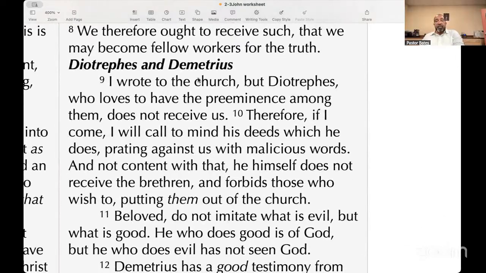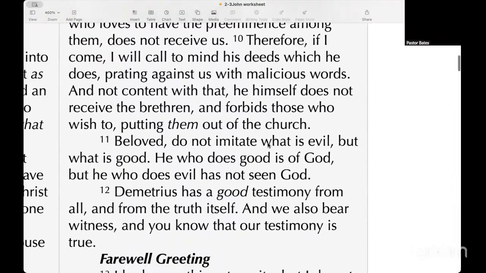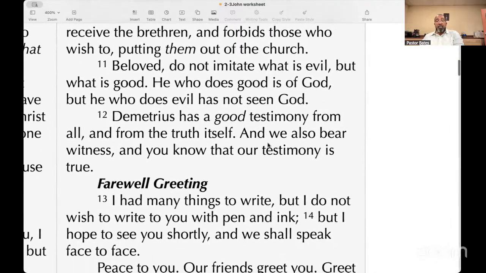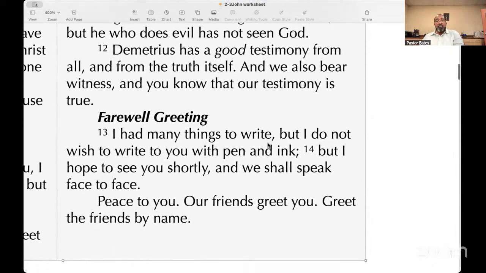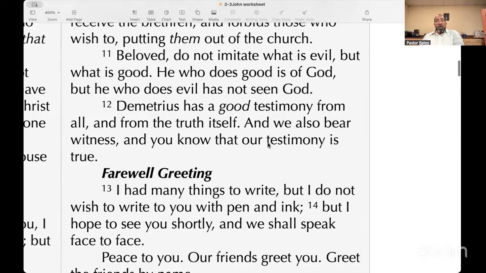There it is, verse 9. And verse 10. Verse 10, yeah. All right.